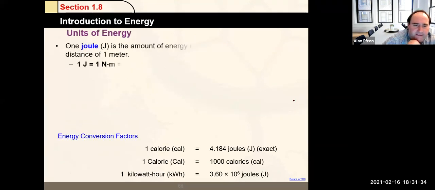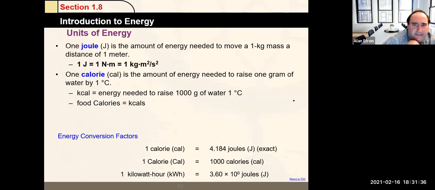And I touched upon some of that just there, but again, the definition of a calorie is the amount of energy required to raise 1 gram of water by 1 degree Celsius. And if you remember, specific heat capacity has a very similar definition.